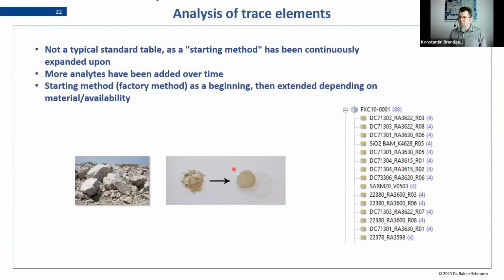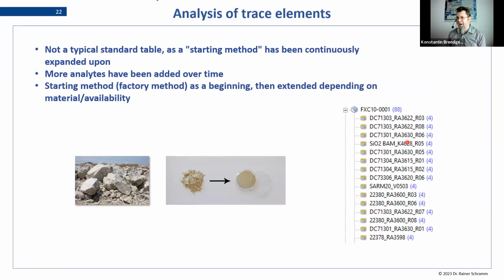And the analytical program we are using now is quite interesting. As I said before, for the fused beads, we basically use a version of our standard raw material application. For the trace analysis here, this is not really possible, mostly because the analytes change and there are not a lot of CRMs available.